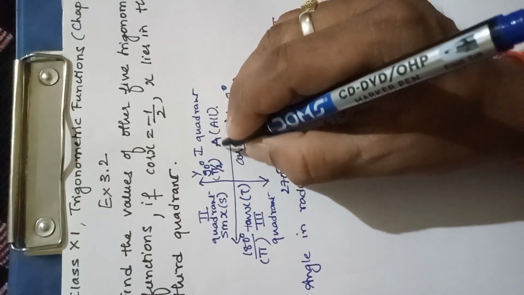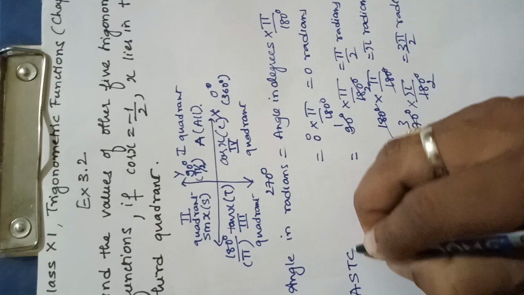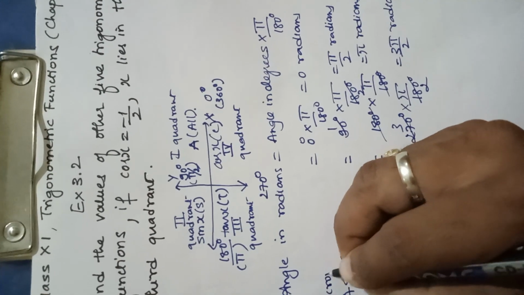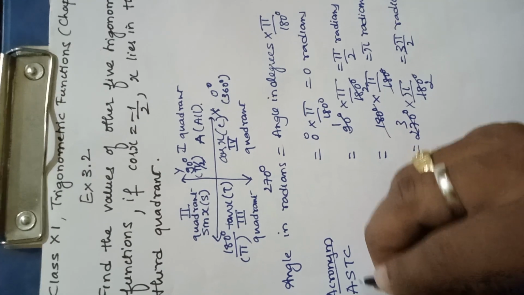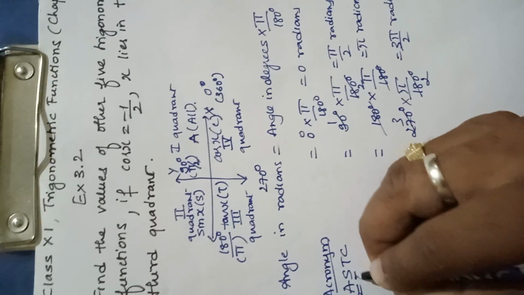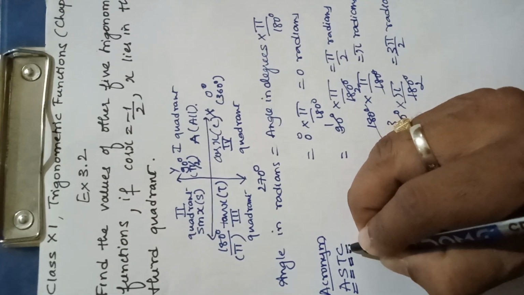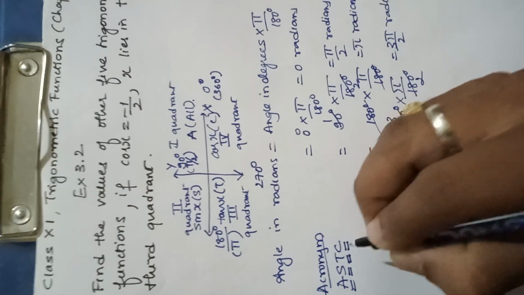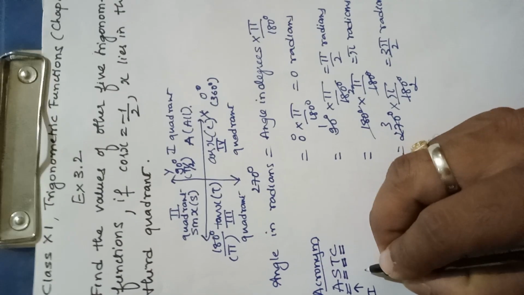How to remember? Starting from the first quadrant, you can remember an acronym called ASTC: all, sine, tan and cos. This is cos, not cot. So in the first quadrant, all the trigonometric ratios will be positive.